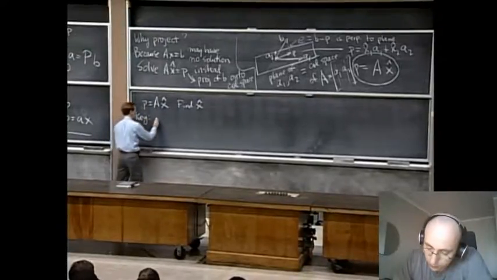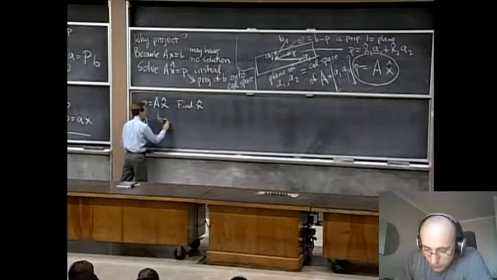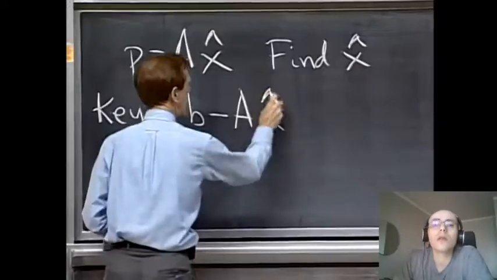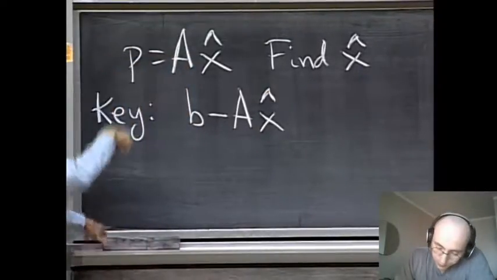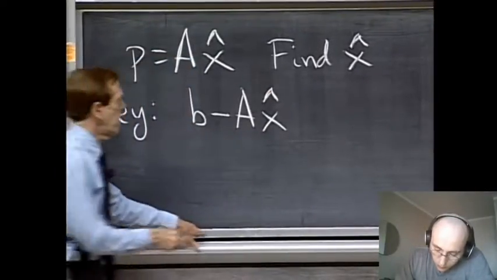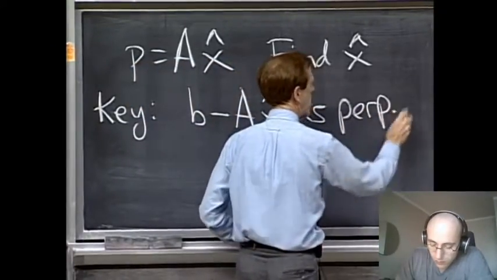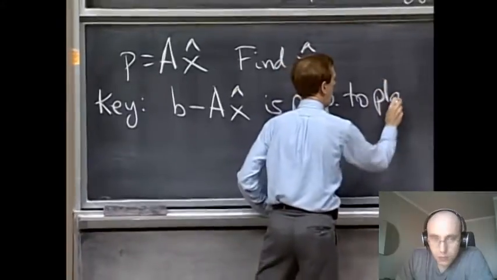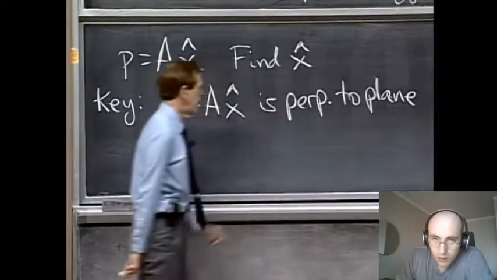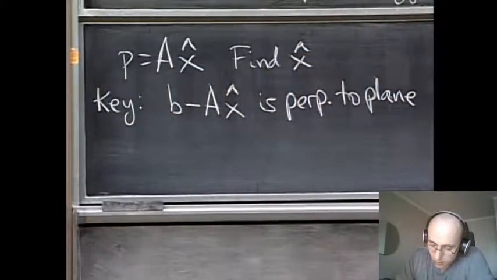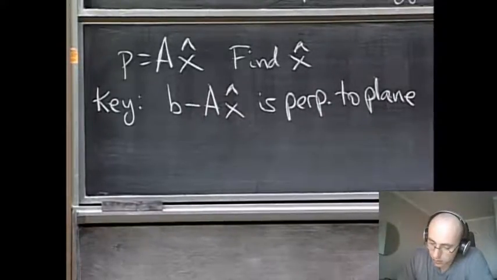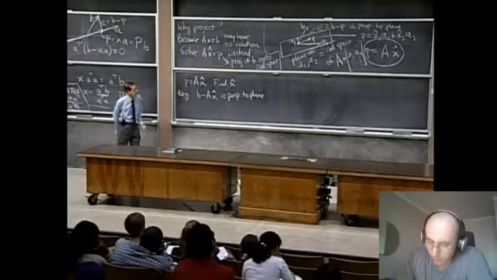B minus A x hat, that's the error, this is the E, is perpendicular to the plane. That's got to give me, well, what am I looking for? I'm looking for two equations now, because I've got an x1 and an x2.